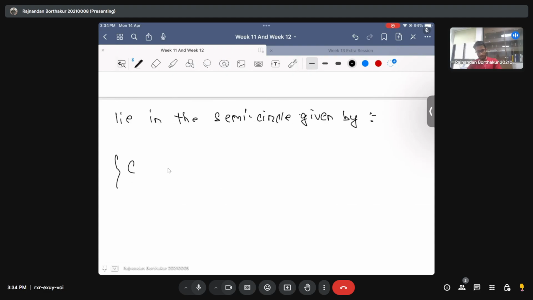This is the equation of the semicircle where C must lie in order to have instability in our problem.